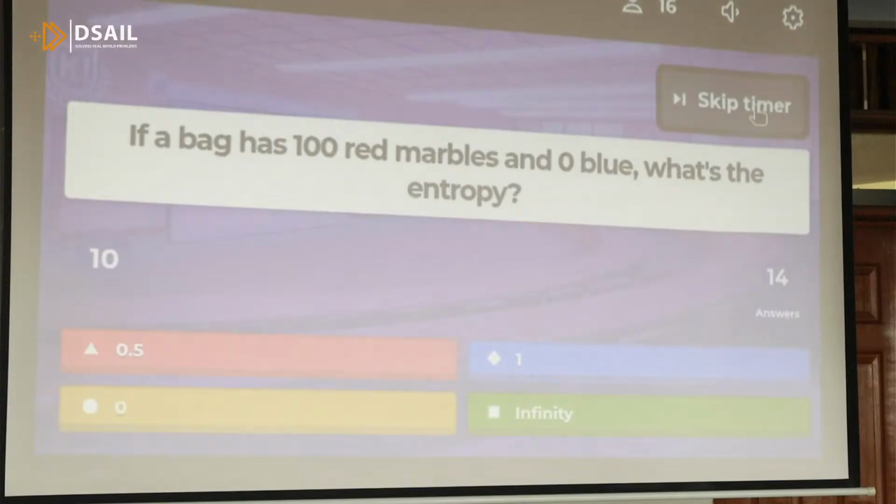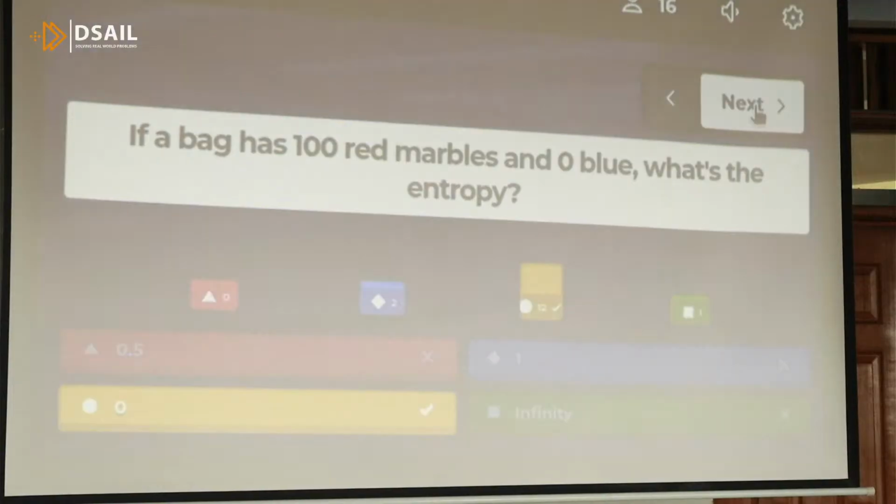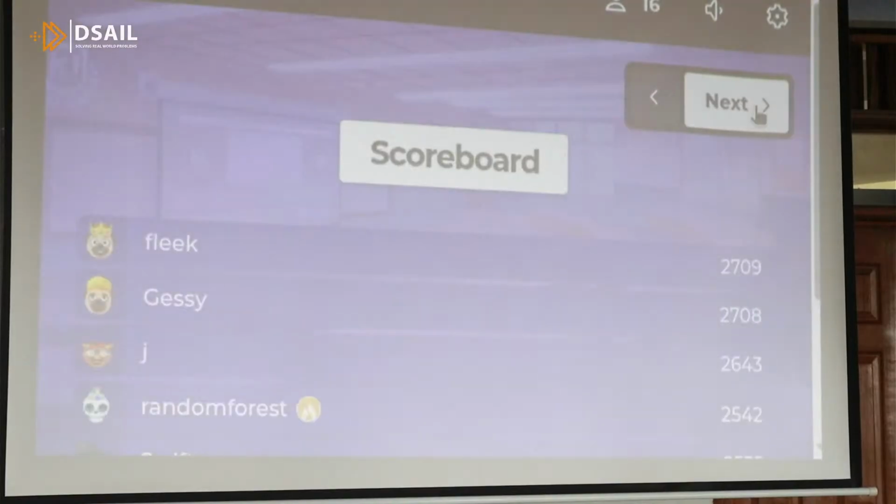100 red marbles, 0 blue marbles, what's the entropy? How mixed is it? How pure is it? The answer is 0 because it's very pure. Sorry, I know entropy can be confusing from the definitions.